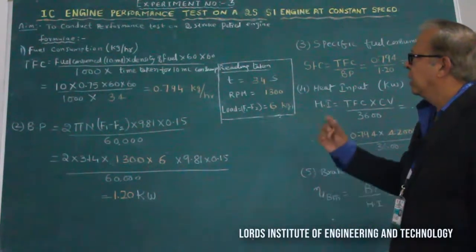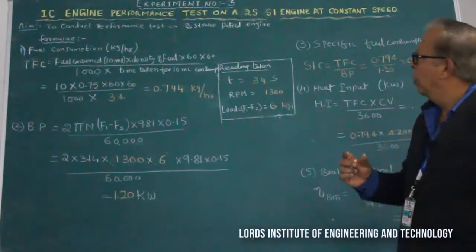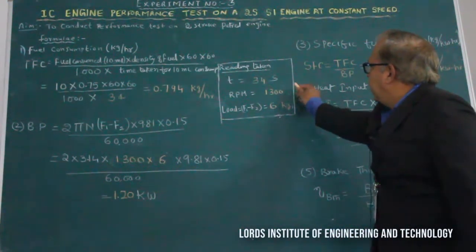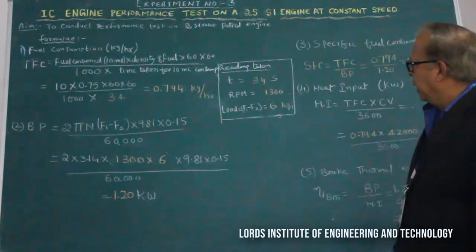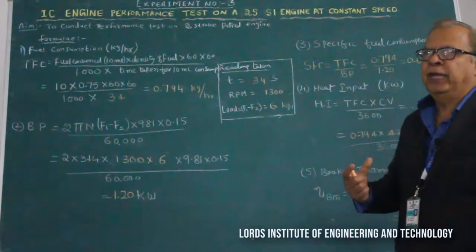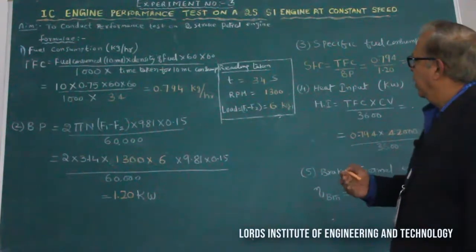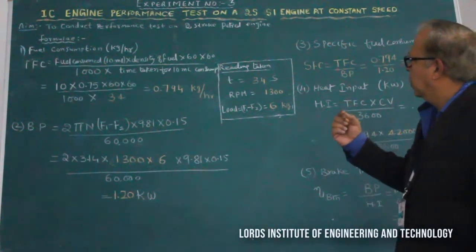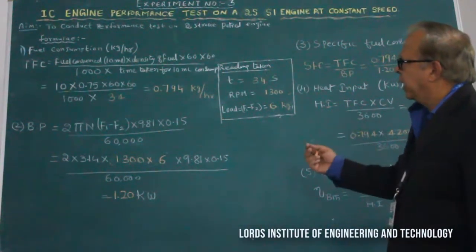In 34 seconds, 10 cc or 10 ml of petrol was consumed, at a crankshaft speed of 1300 rpm. The load we have taken here is 6 kg. That means at 6 kg load and a speed of 1300 rpm, the time consumed for the petrol is 34 seconds.